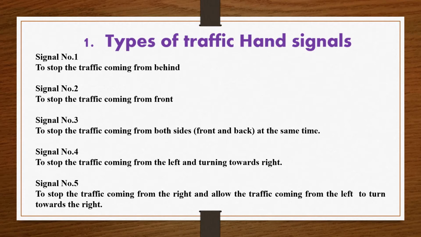Signal number 3, to stop traffic coming from both the sides, that is front and back, at the same time. Signal number 4, to stop the traffic coming from the left and turning towards the right. Signal number 5, to stop the traffic coming from the right and allow the traffic coming from the left to turn towards the right.